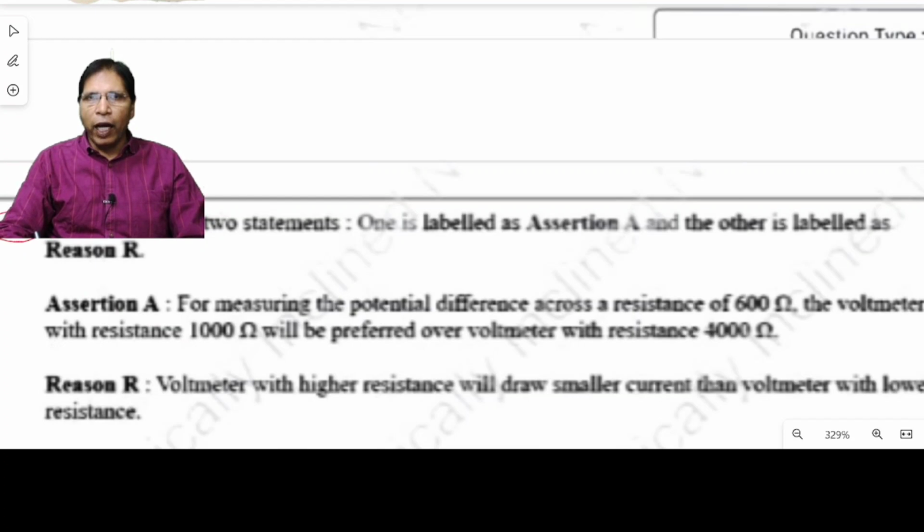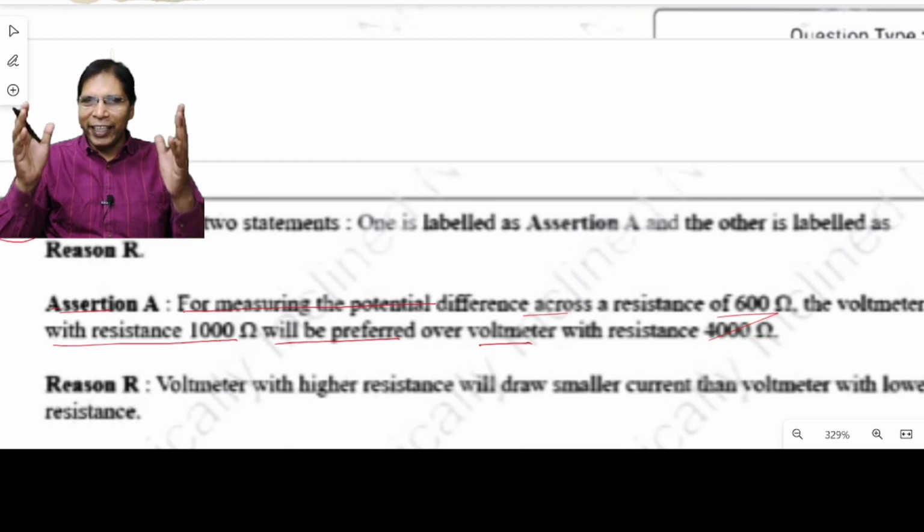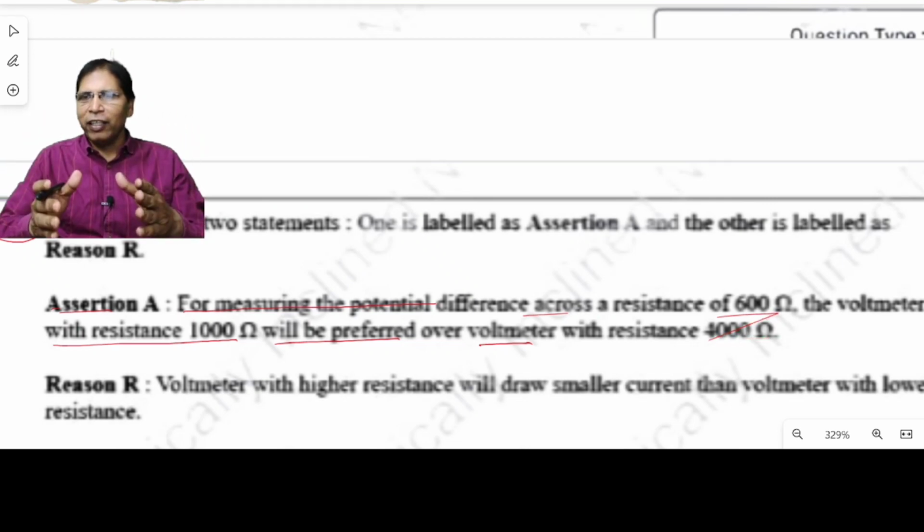Now an assertion and reasoning type question. Assertion A: for measuring the potential difference across a resistance of 600 ohm, a voltmeter with resistance 1000 ohm will be preferred over a voltmeter of resistance 4000 ohm. No, the greater the resistance of the voltmeter, the more accurate is the measurement. So this is the wrong statement.